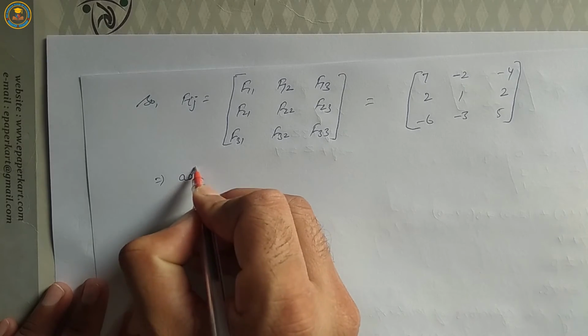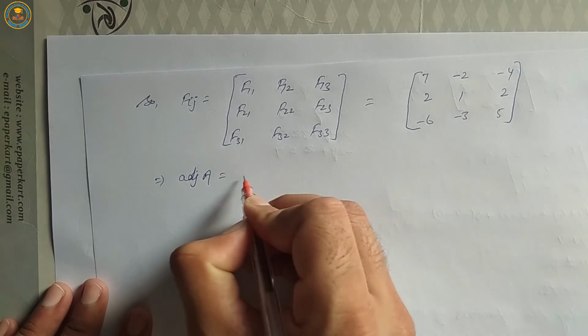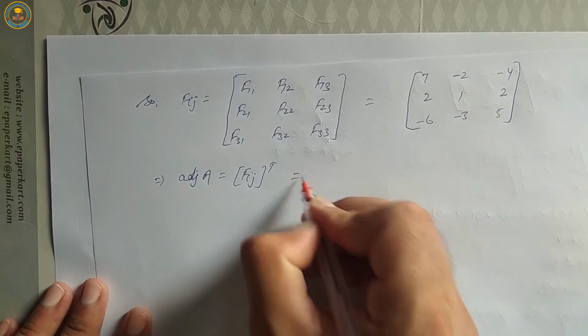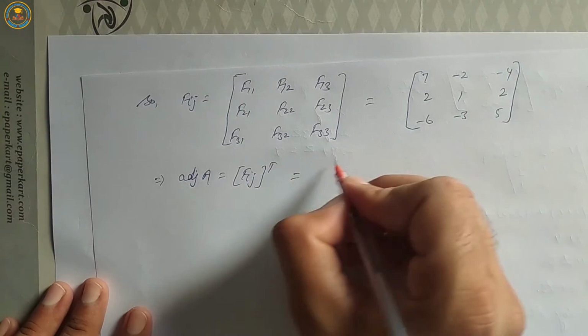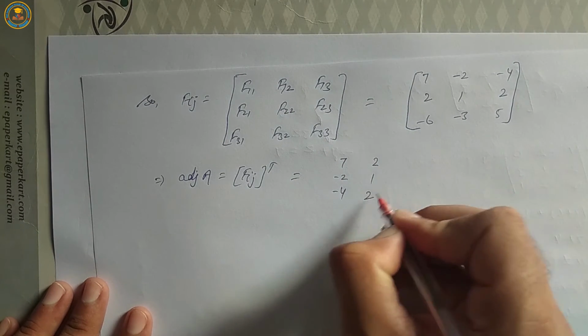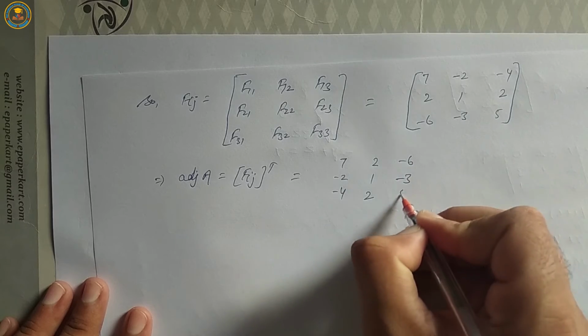Implies adjoint A is equal to the transpose of matrix Fij, which is 7, minus 2, minus 4, 2, 1, 2, minus 6, minus 3, 5.